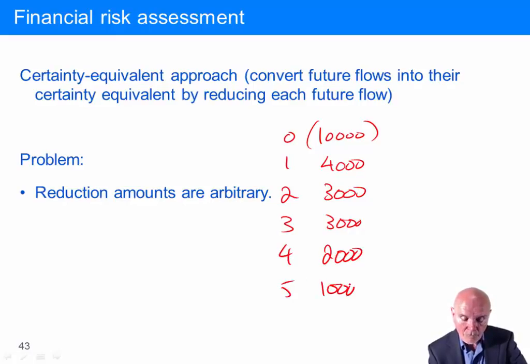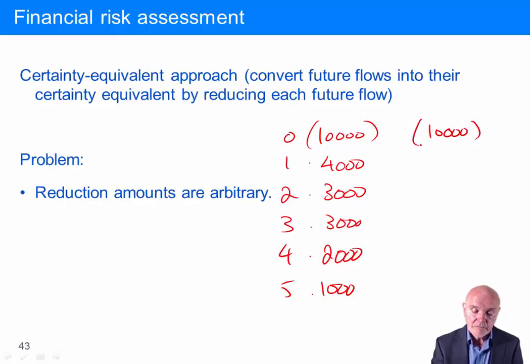So what it recognizes is that these future flows, they're uncertain basically. The up front one is probably certain, but we're not very sure what the year one is going to be.